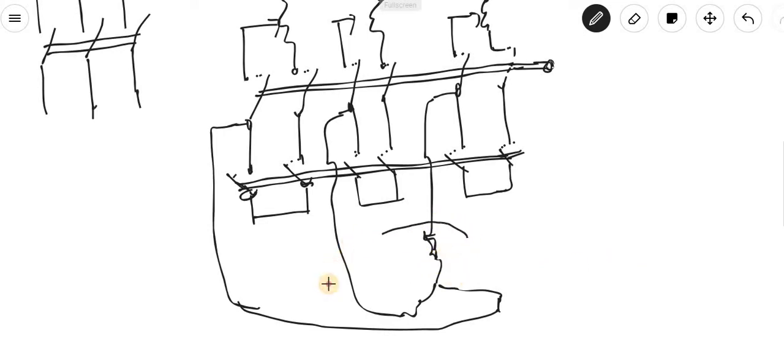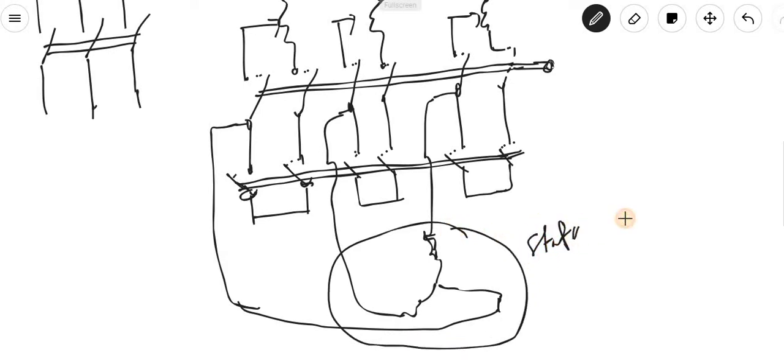This is the motor stator, a star-connected motor. Now we should connect the supply.